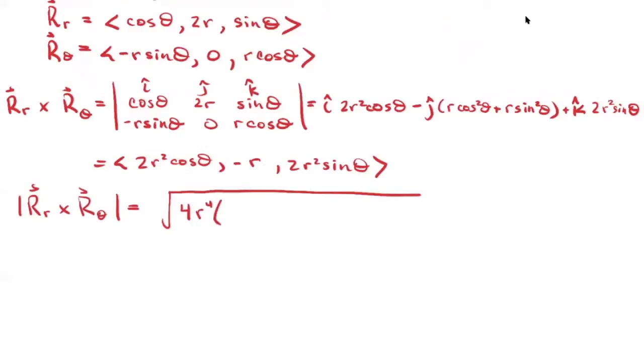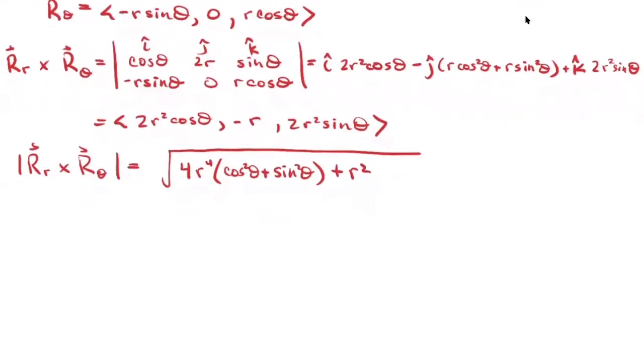I think I'll group these because we're going to have a cosine squared theta and a sine squared theta. And then there'll be plus an r squared there, right? Did I lose? No, I got the 4s. Yeah, that's cool.